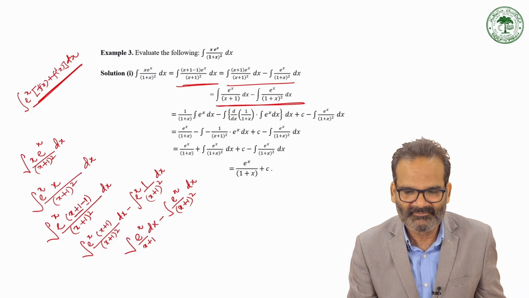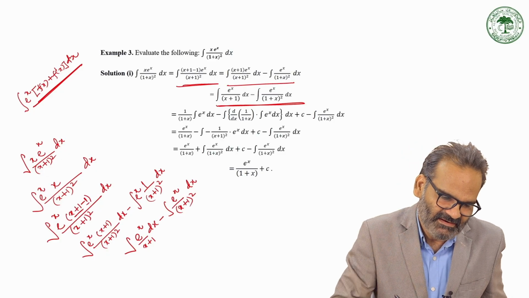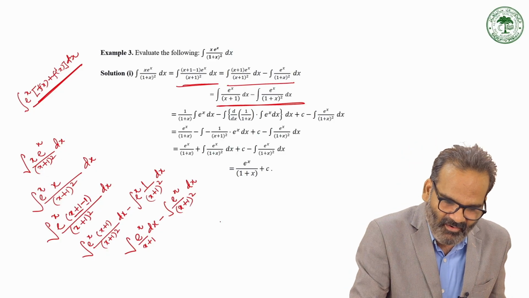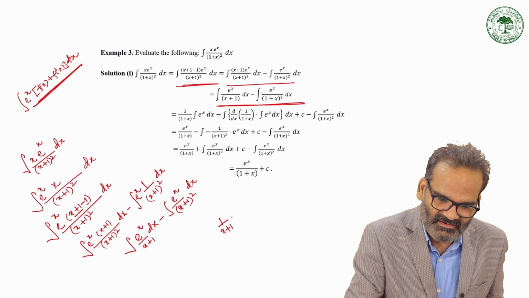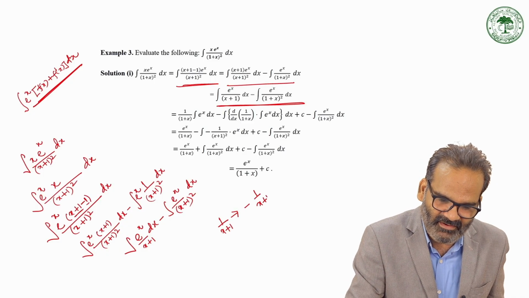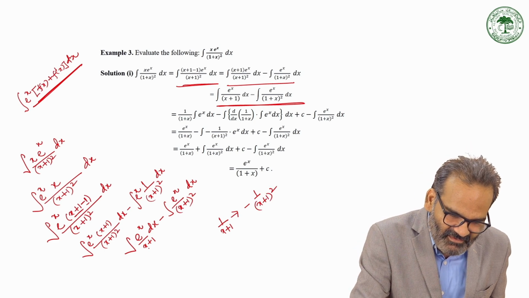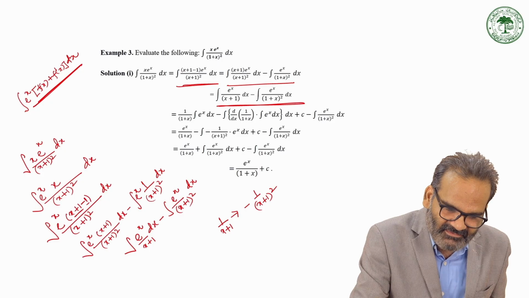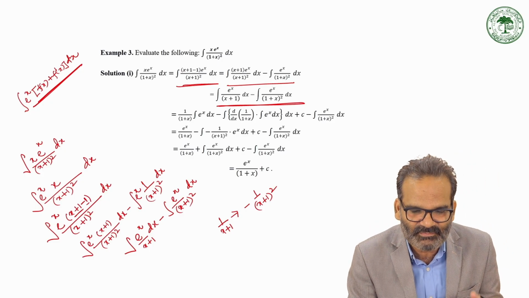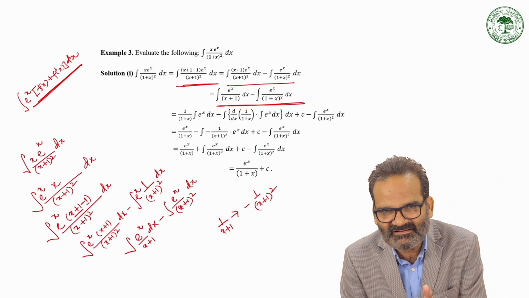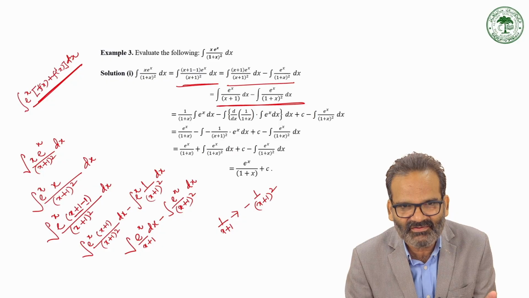No problem. Now see, 1 upon x plus 1, its derivative is what? If you calculate its derivative, it will come out to be minus 1 upon (x plus 1) raised to the power 2. So see here we are having 1 upon x plus 1 and here we are having 1 upon (x plus 1) raised to the power 2. So the second function is the direct derivative of the first function.